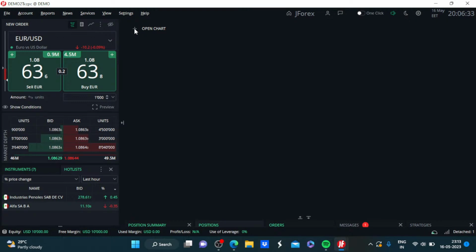And without the chart, it will become much more difficult for me to explain. So we will have to try it another way. We can easily open a web chart.